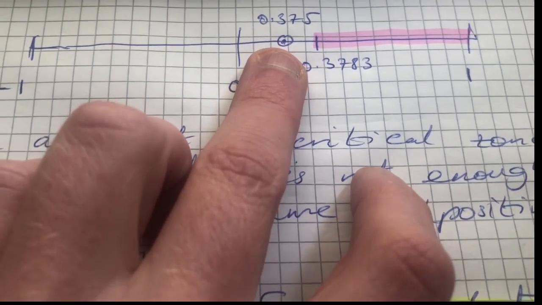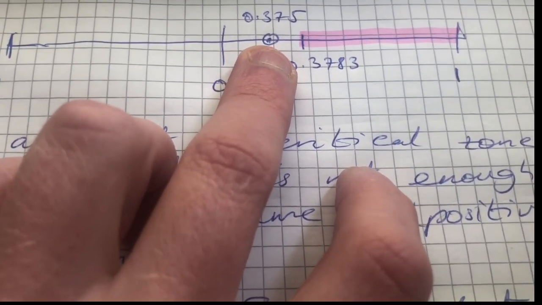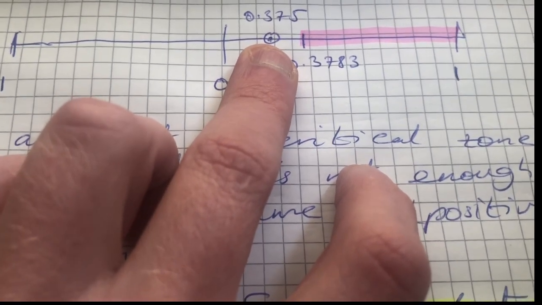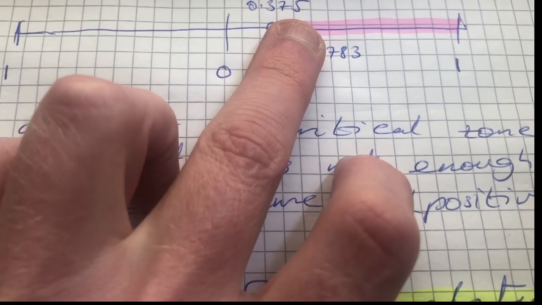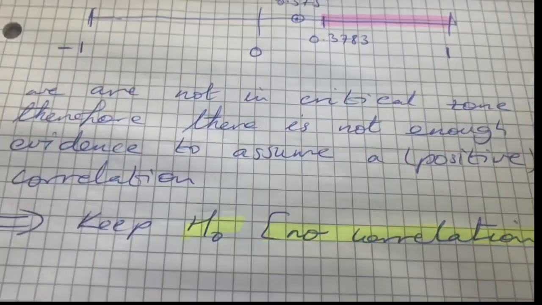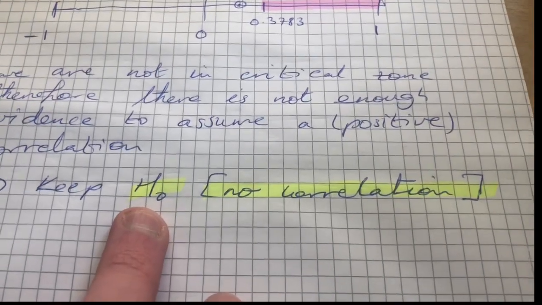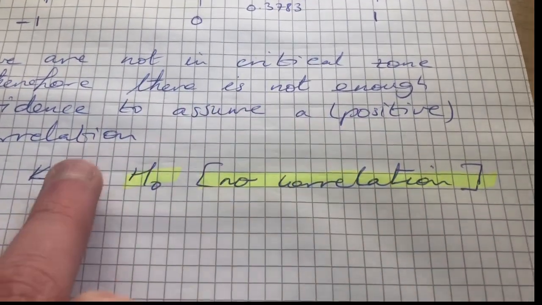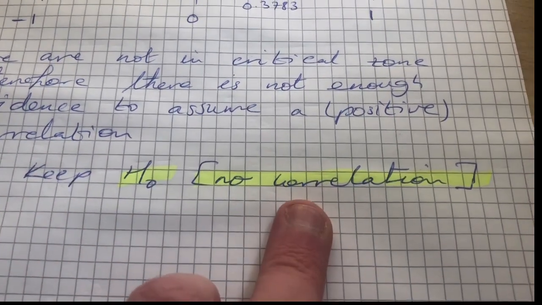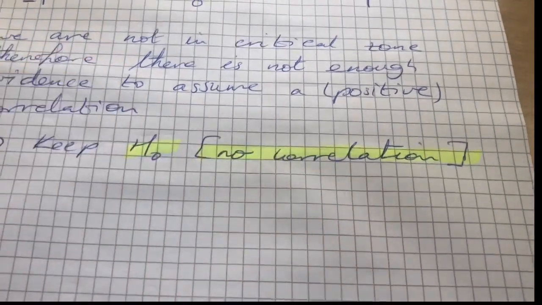Our test statistic, our R as it worked out, is unfortunately not quite big enough. Unfortunate anyway for the alternative hypothesis. It's 0.375. It's not in the critical zone, and therefore we will keep the null hypothesis. As said here, there is not enough evidence to assume a positive correlation, and so we'll stick with the null hypothesis that there is no correlation.